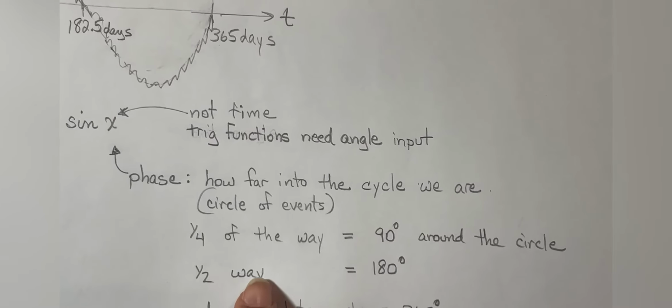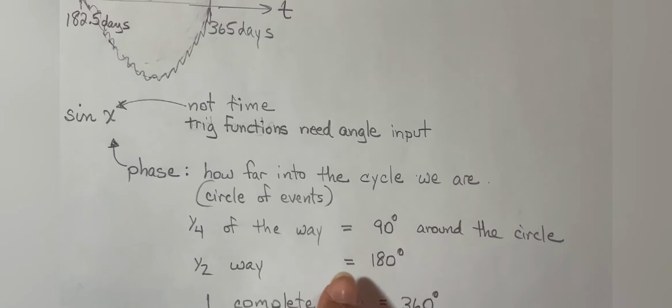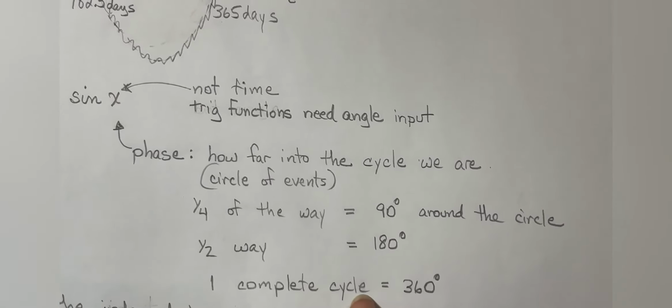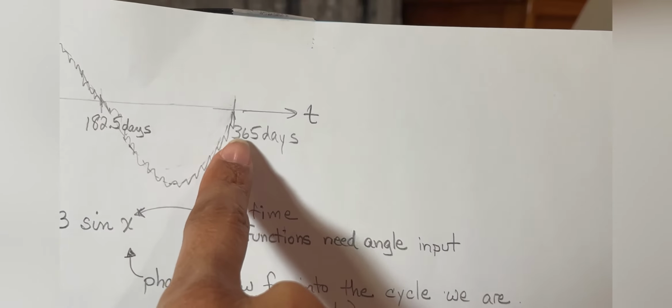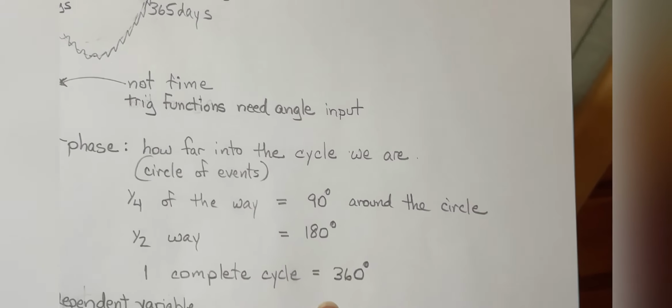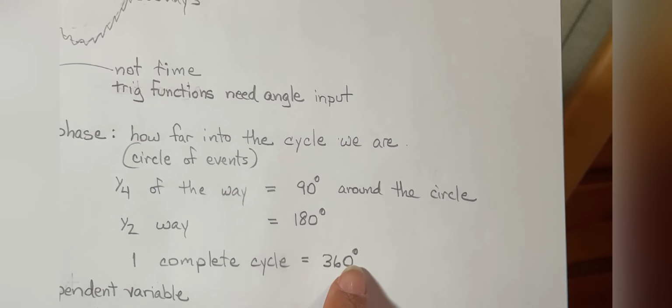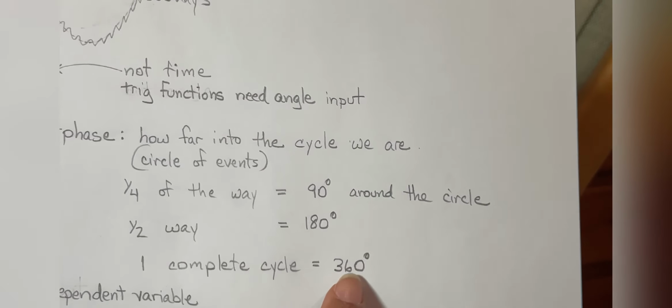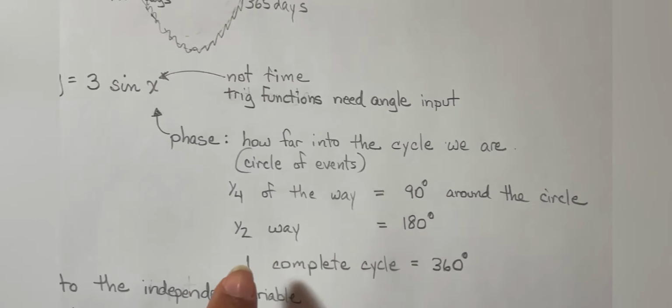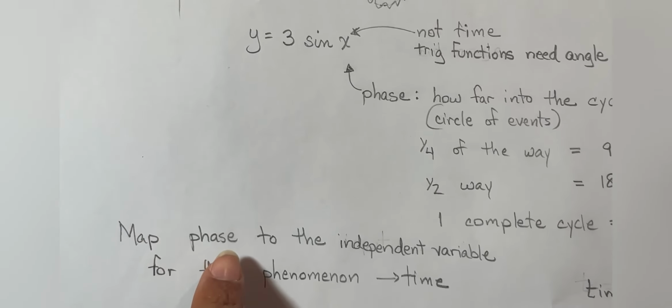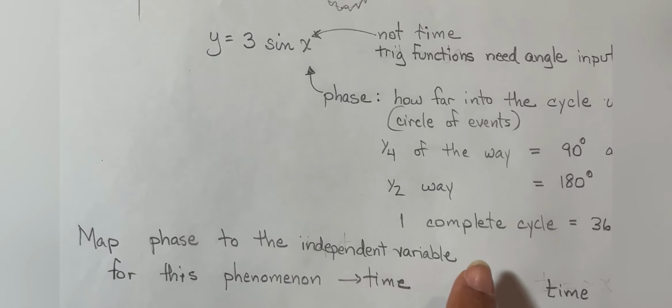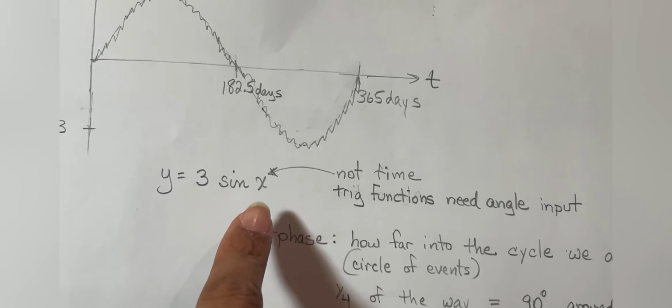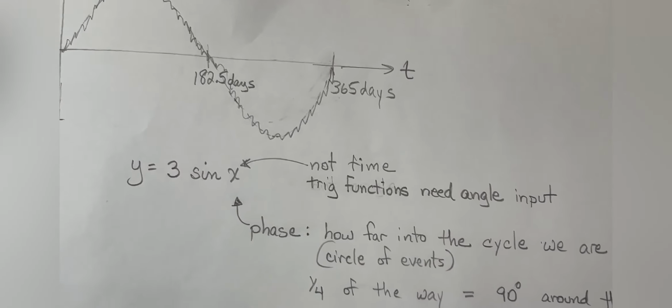Halfway around would be 180 degrees. One complete cycle, 365 days, would now correspond to a 360 degree angle, or 360 degree phase. We are mapping the independent variable of time to the angle of the sine function.